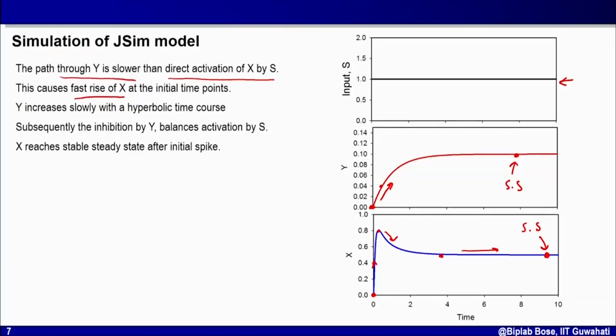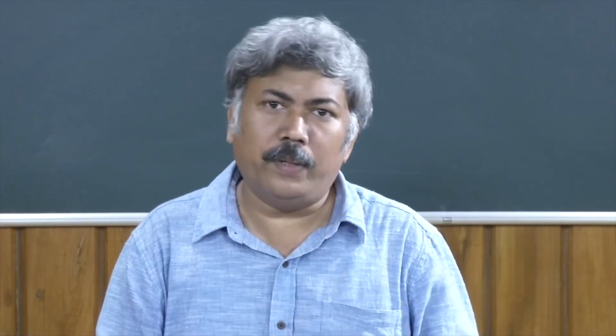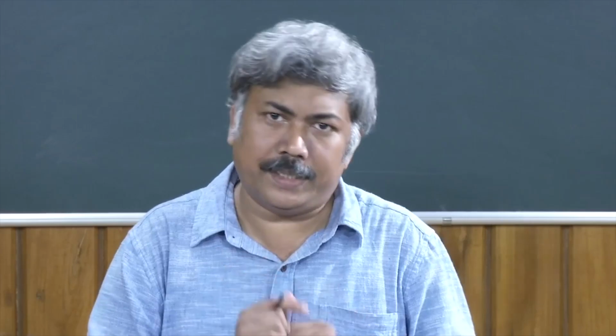So the steady state of x is reached after an initial spike. Now remember, using algebraic calculation with simplification and the phase portrait, we have shown that the steady state value of x is independent of s.